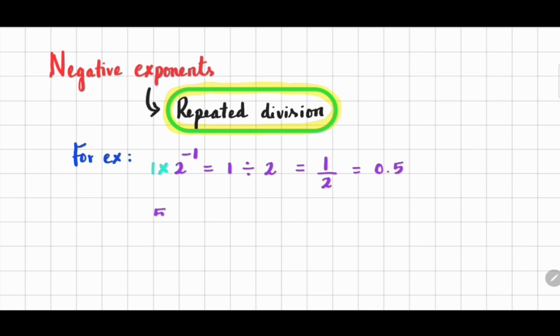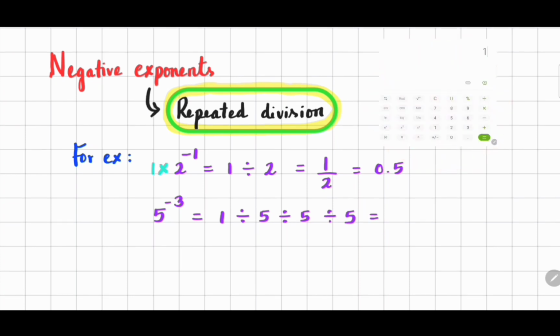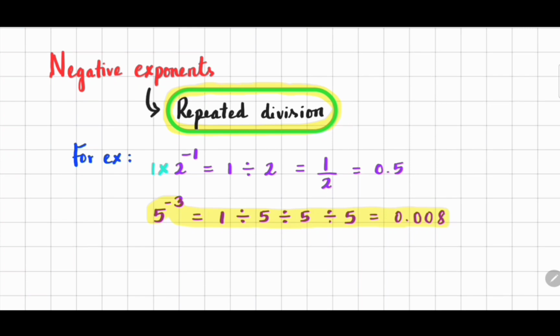What about this one? 5 power minus 3, which equals 1 divided by 5 divided by 5 divided by 5. Many divides, right? With the help of calculator, we get 0.008. But that can be done an easier way. 5 power minus 3 could also be calculated like 1 divided by 5 times 5 times 5.